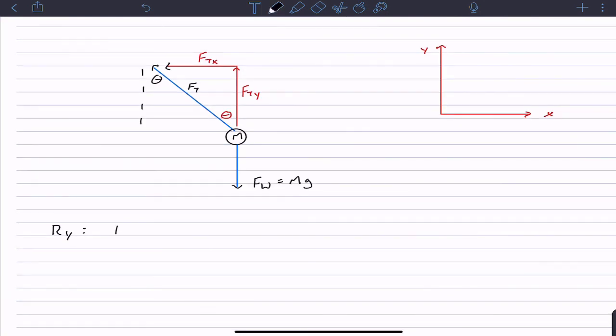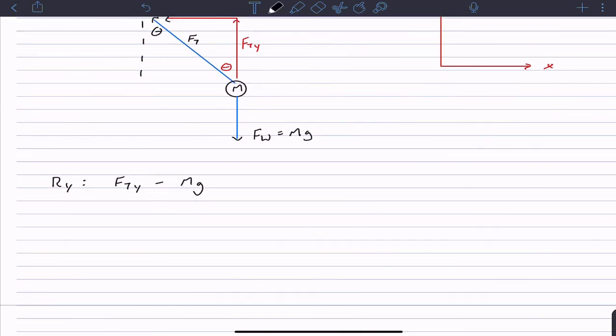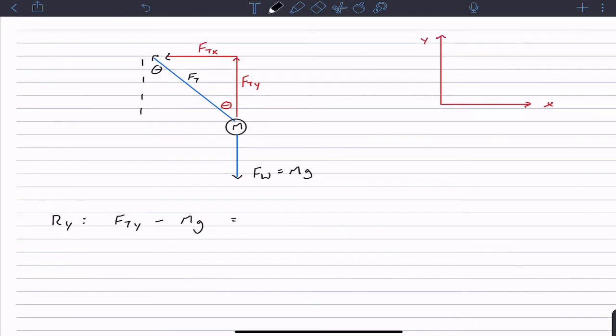We have Fty minus mg, right? Fty is going to be Ft cosine theta minus mg. That's our y component.